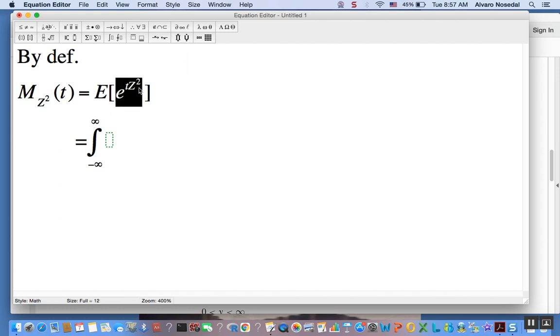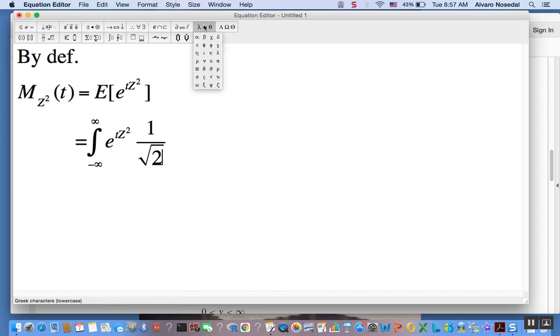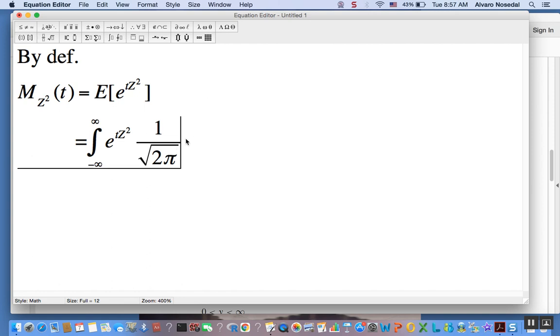So we have this integral from negative infinity to infinity, and we need that PDF for a normal 0, 1, 1 over square root of 2 pi, this guy here, e to the power negative z squared divided by 2 with respect to z.